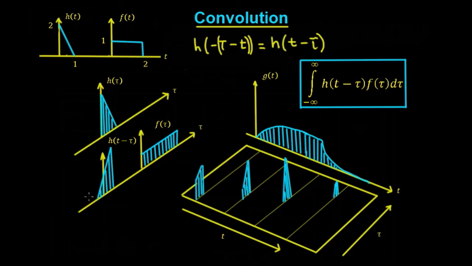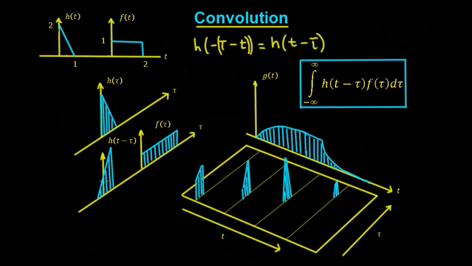So we're taking our function here, h of t minus tau, and we're sliding it across this f of tau, and we're integrating from minus infinity to infinity with respect to d tau. So we can see here we've drawn out our tau axis, just like the axis here. But now we've drawn out our t axis as well, and our g of t is going to be our final convolved function.